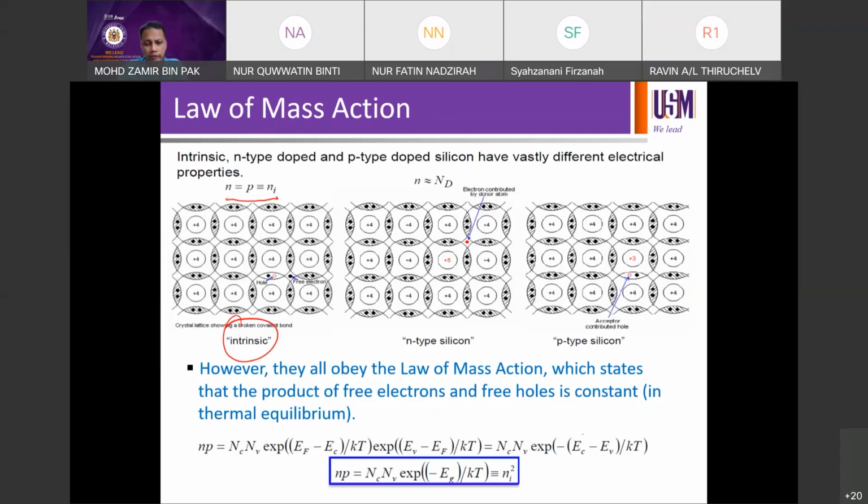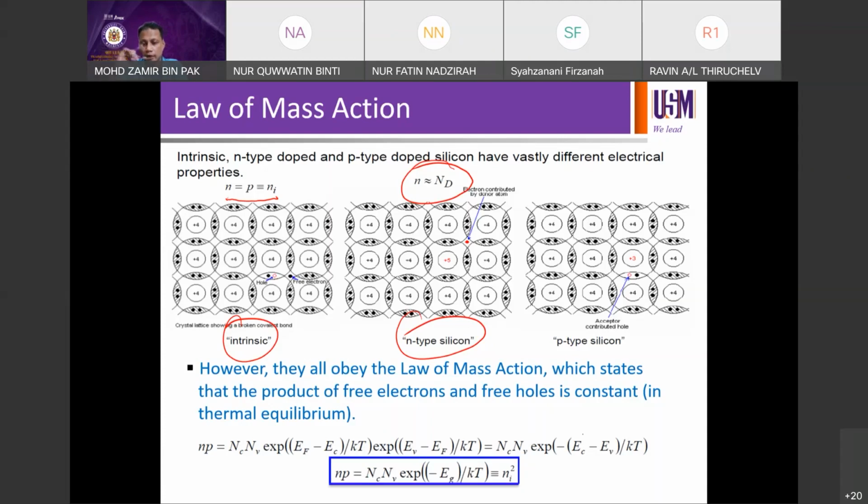On the other hand, if we talk about N-type silicon, you can approximate your n to be equal to Nd, as we discussed in the last few slides, because Nd is simply way bigger than Ni. For example, if you're taking 10 to the 15, which is 5 orders of magnitude higher than Ni at 10 to the 10, you can approximate your n to be equal to Nd.